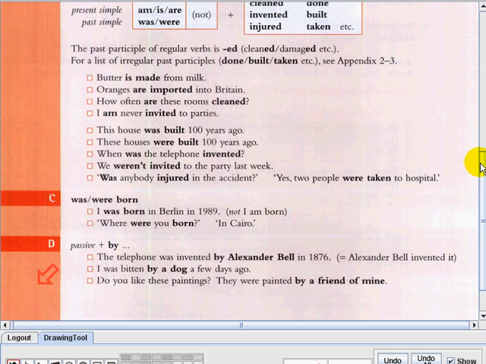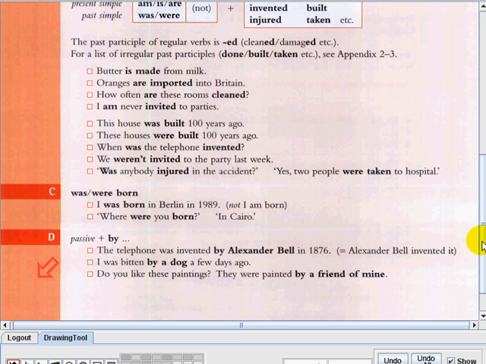Oh, sorry about that. Where were you born? If you notice, you have here the subject, you, pronoun, and even though it's for one subject, you are still going to use were. Okay? Like in present form, instead of using is, we use are. So we will use were.